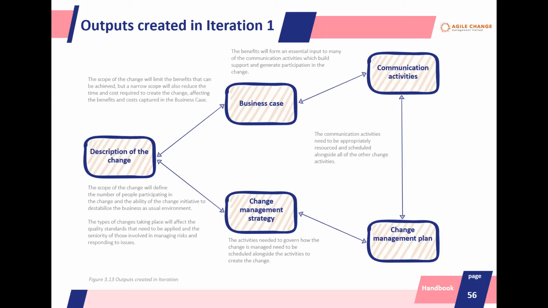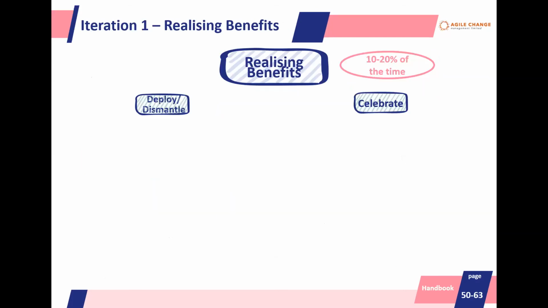And of course, there's a connection there: the change management activities captured in our plan will only get done if people are participating, and people will only participate if we're communicating what we're achieving and what the benefits are and what a great change we're actually needing. So those are the 5 outputs created in iteration 1.